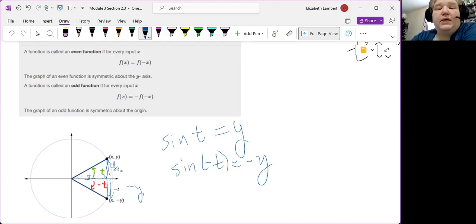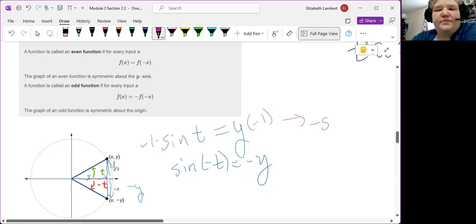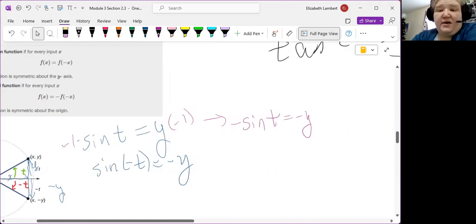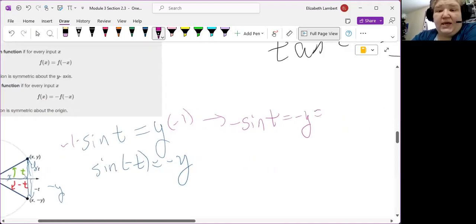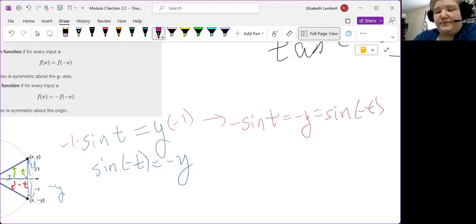So if I multiply by negative 1 on both sides up here, I have the negative sine of t equals negative y. And then down there, I know that negative y equals the sine of negative t. So the negative sine of t equals the sine of negative t.